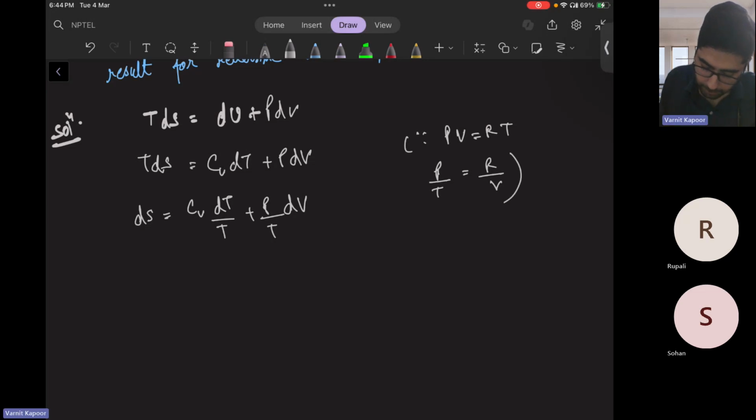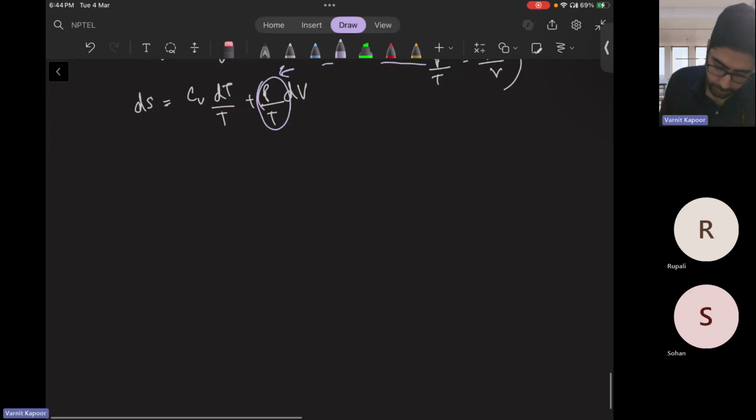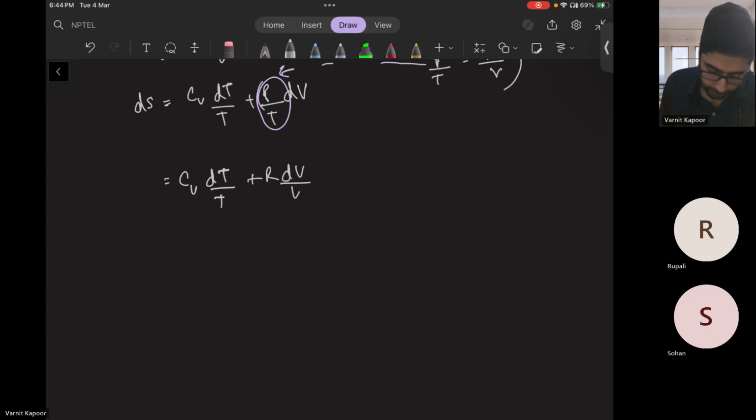Put this P by T here. This can be written as Cv dT by T plus R dV by V. This is your equation number 1.